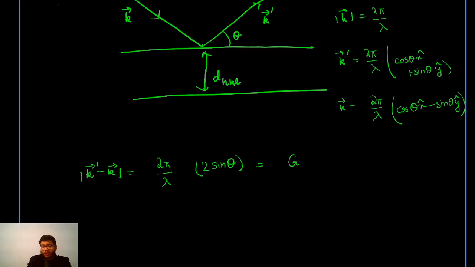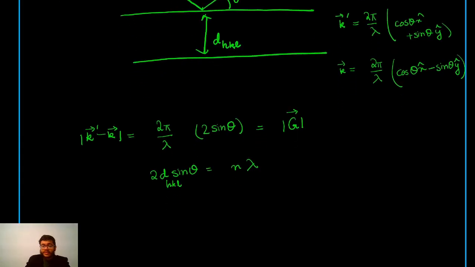But from Bragg's law, we also know that 2 d_hkl sine theta equals n lambda, right? So these are the two equations.